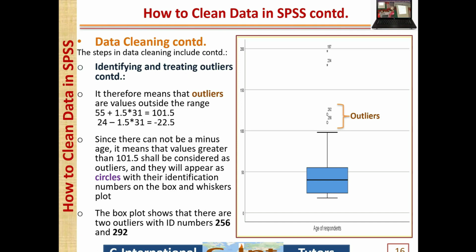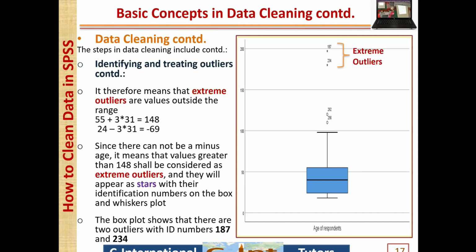Similarly, values that are outside the range of 55 plus 3 multiplied by 31, which equals 148, or 24, being the first quartile, minus 3 multiplied by 31, which equals minus 69, are extreme outliers.